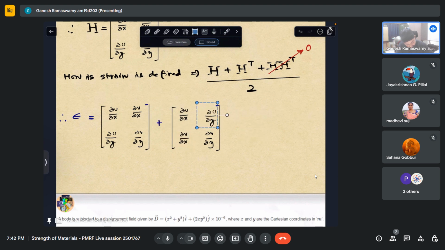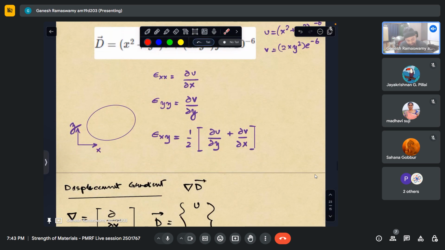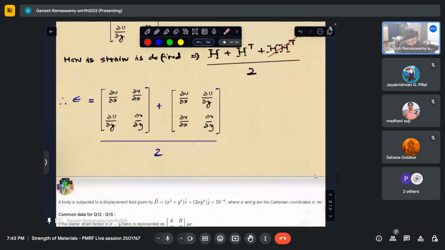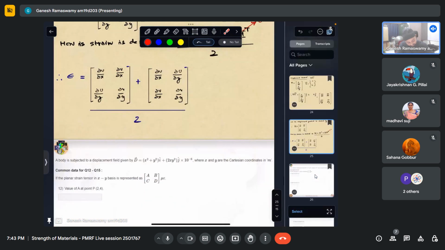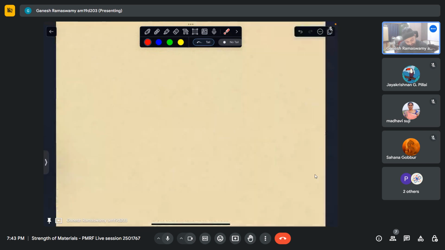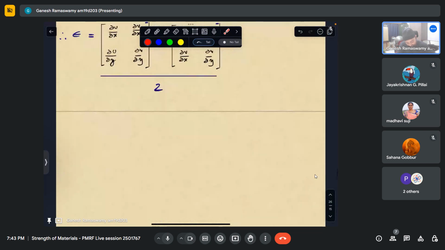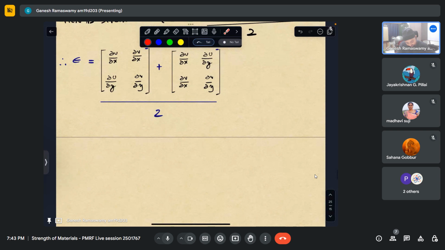This by 2. So from here only those relations came about. I hope that is clear. So this is how strain is defined.